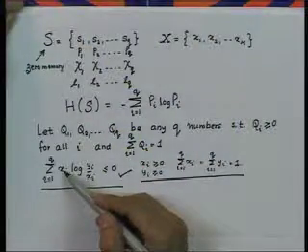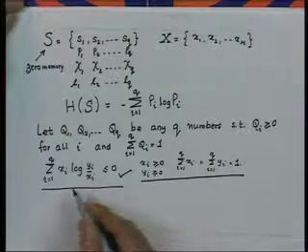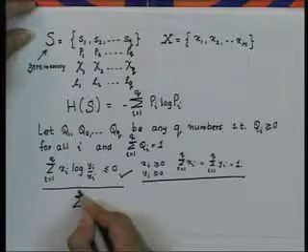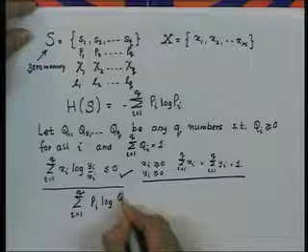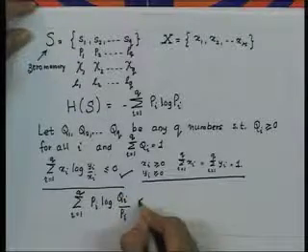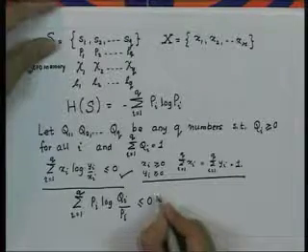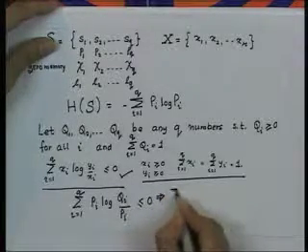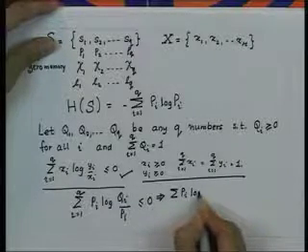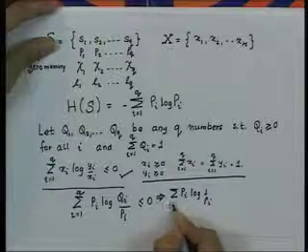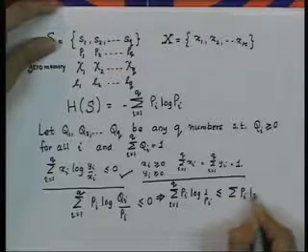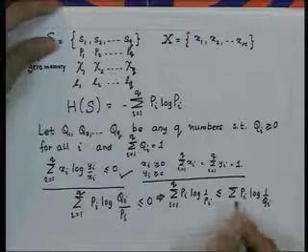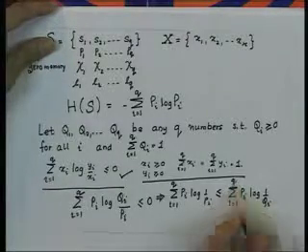Now, considering Pi and Qi in place of Xi and Yi respectively, we can write summation of Pi log of Qi by Pi is less than or equal to 0, which implies that summation of Pi log 1 by Pi, i equal to 1 to q, is less than or equal to summation of Pi log of 1 by Qi, i equal to 1 to q.